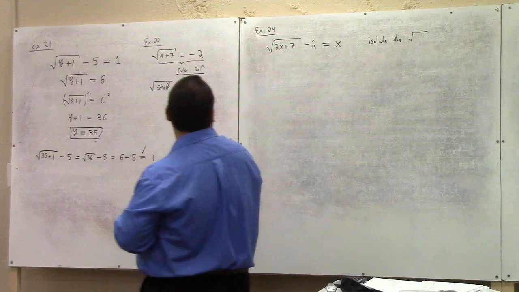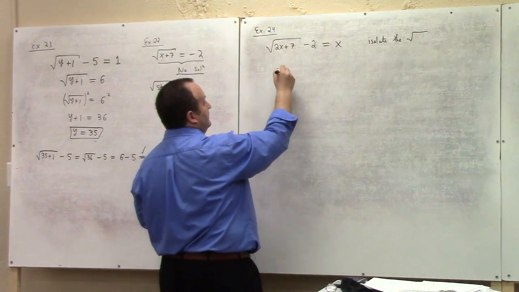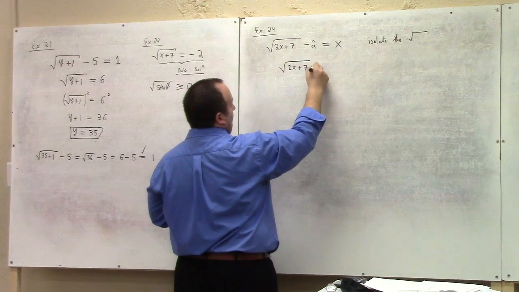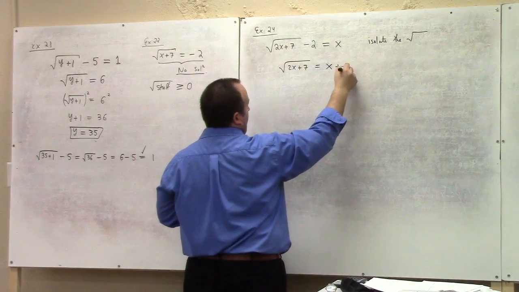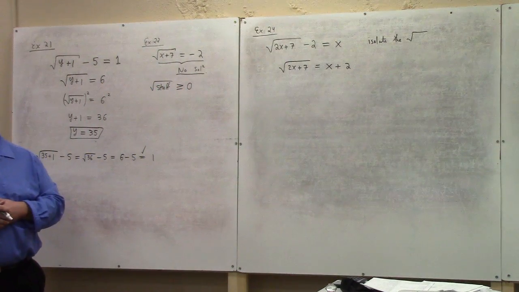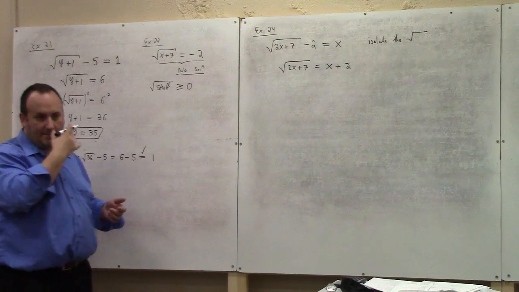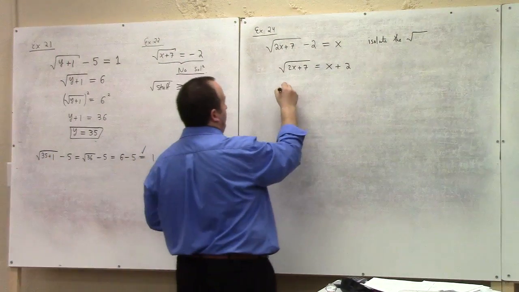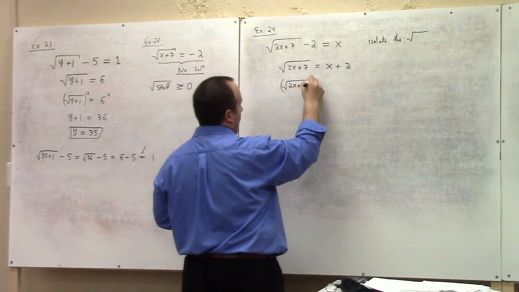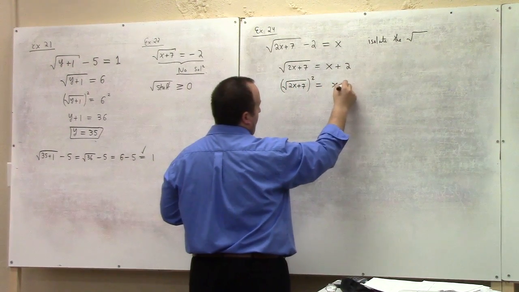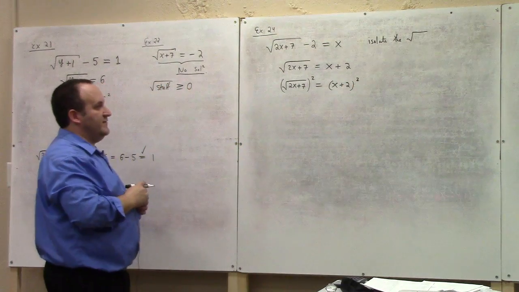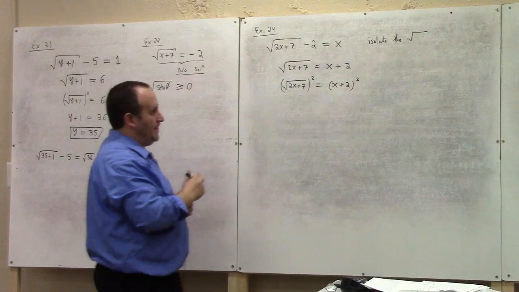So how can we do that here? Add 2, right. And then what? We get rid of the radical by squaring both sides, right? So the square root of 2x plus 7 squared is just 2x plus 7.